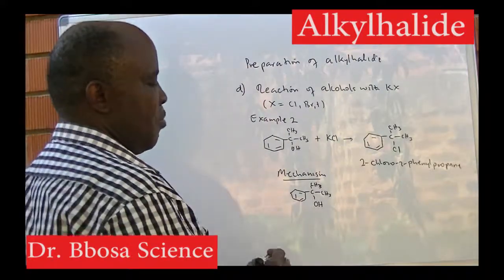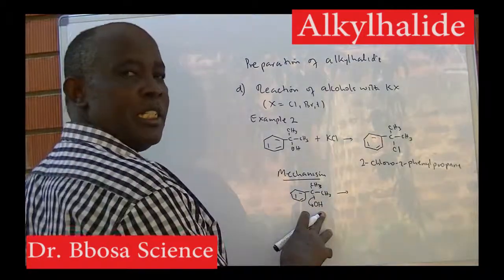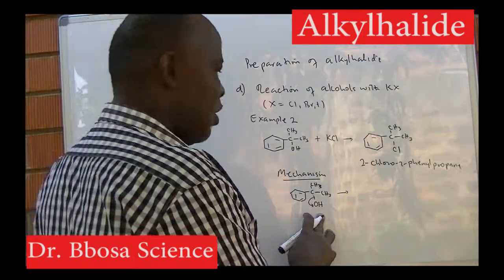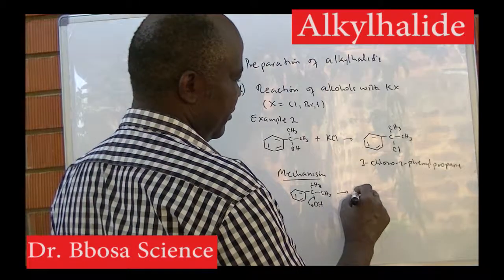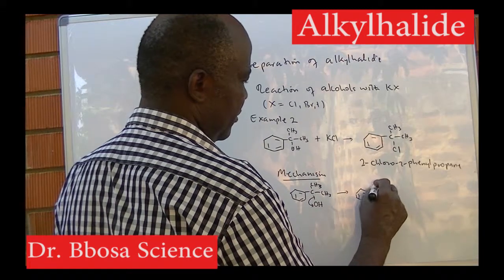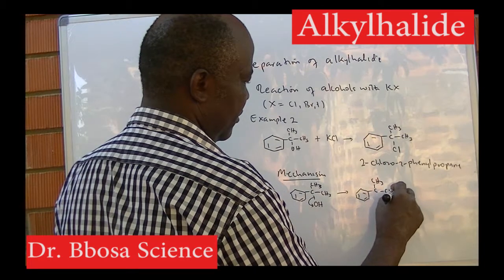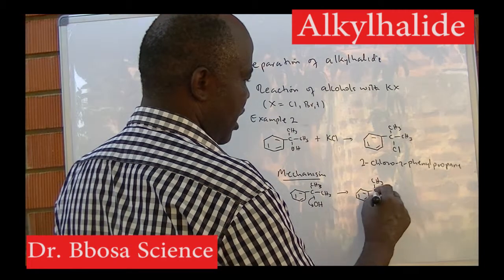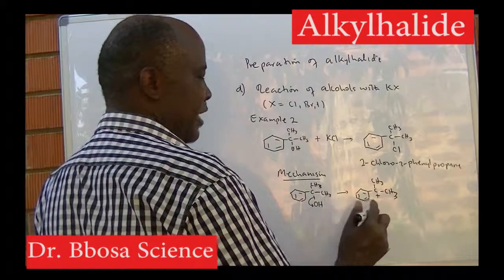2-Phenylpropan-2-ol first loses the OH ion because it is a tertiary alcohol. Then you will get a positive charge at the carbon atom which has lost the OH ion.